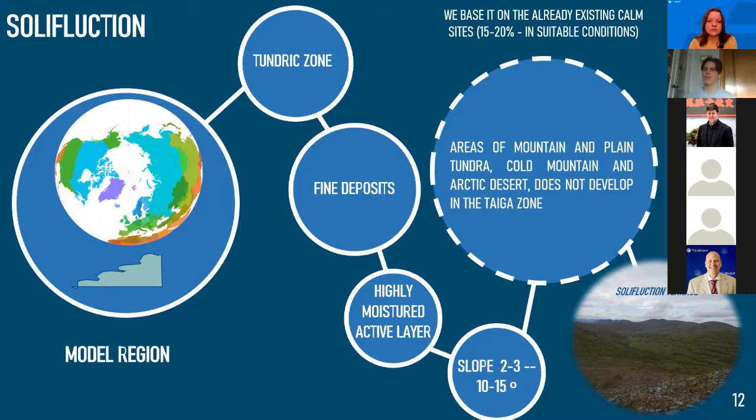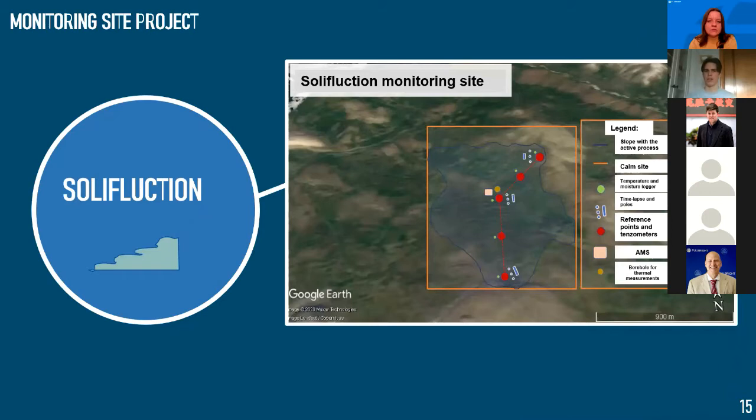So we can base it on already existing count sites. Our analysis showed that 15 to 20% of the sites lie in suitable conditions for monitoring. This is also a soil fluxion monitoring site based on Voskresensky's works.